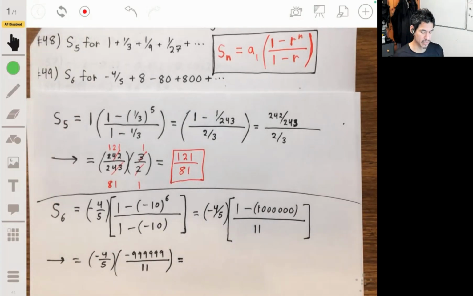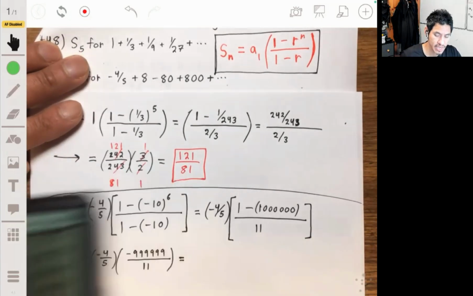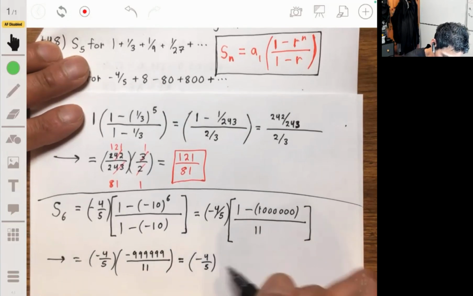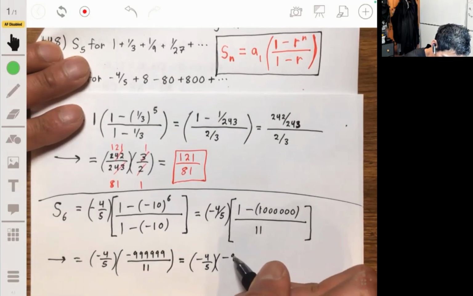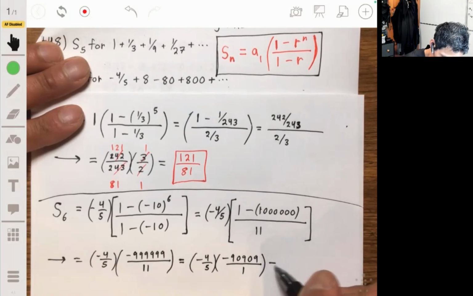All right, doing the math, 999,999 divided by 11, so we get negative 90,909 times negative 4/5, all over 1 if you want to look at it as a fraction.